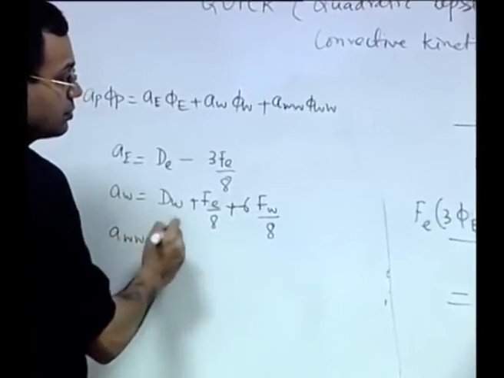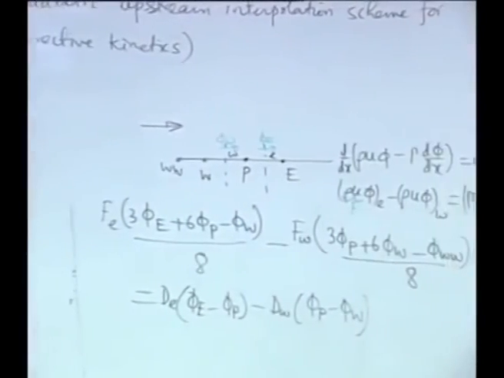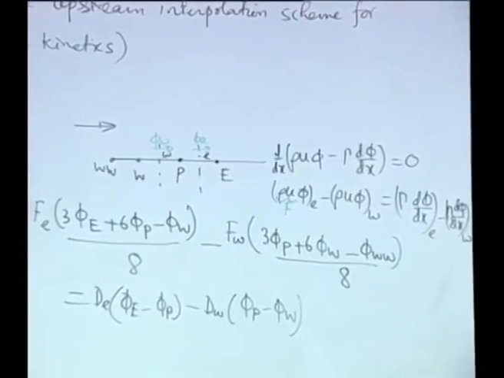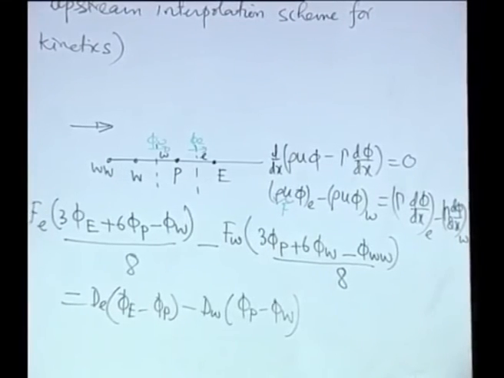AWW is equal to minus Fw by 8 and so on.